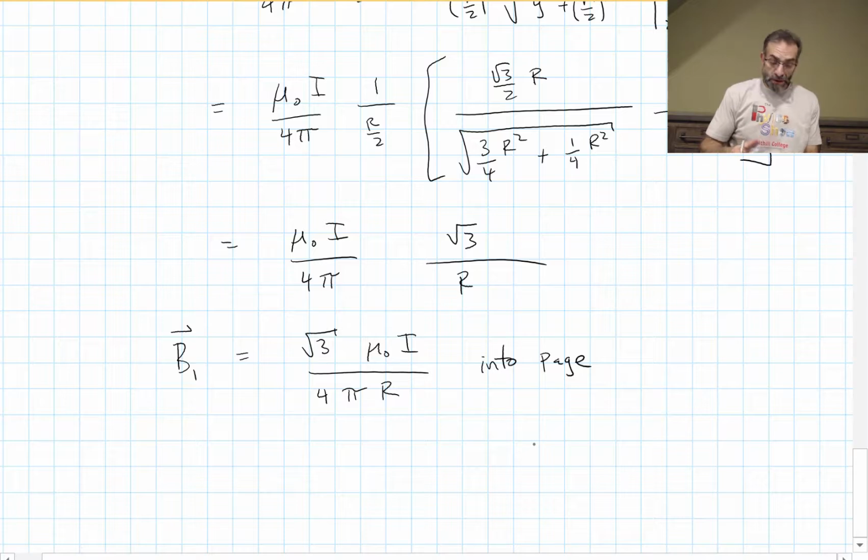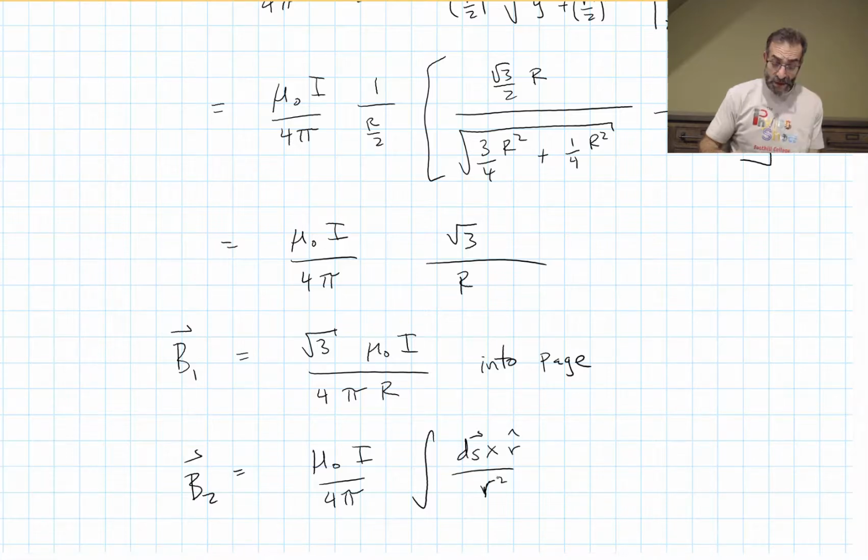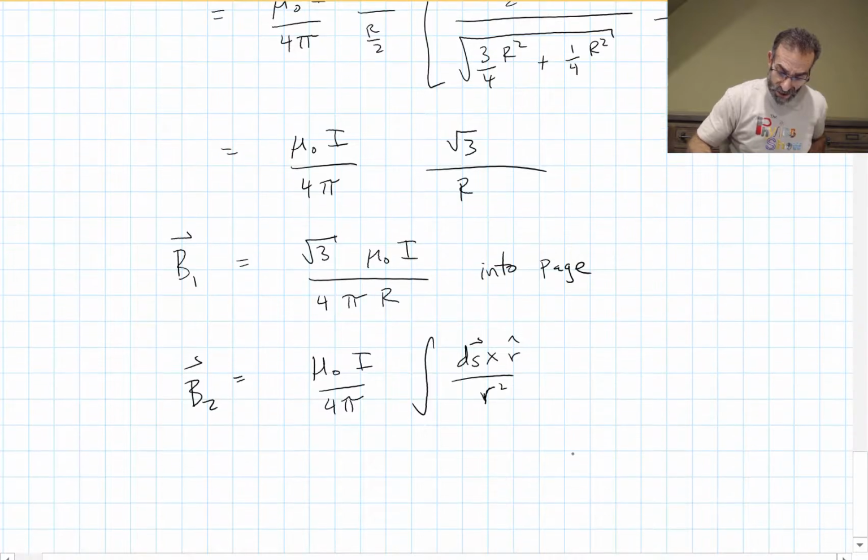Now let's do the curved segment, B2. Remember, for curved segments, this becomes a fairly simple integral to evaluate because ds and r hat are perpendicular to each other. So ds cross r hat is just ds, and r is a constant.